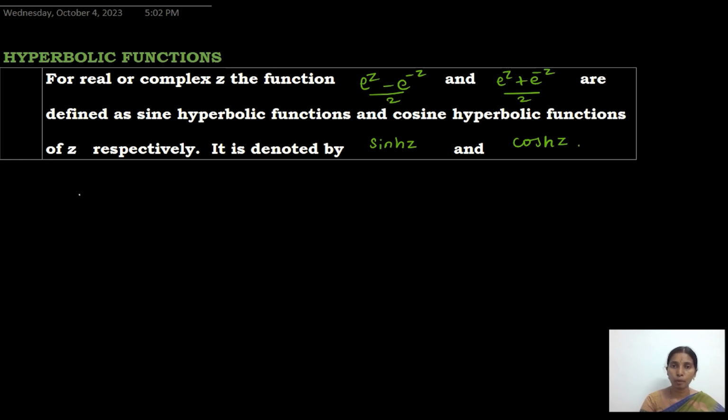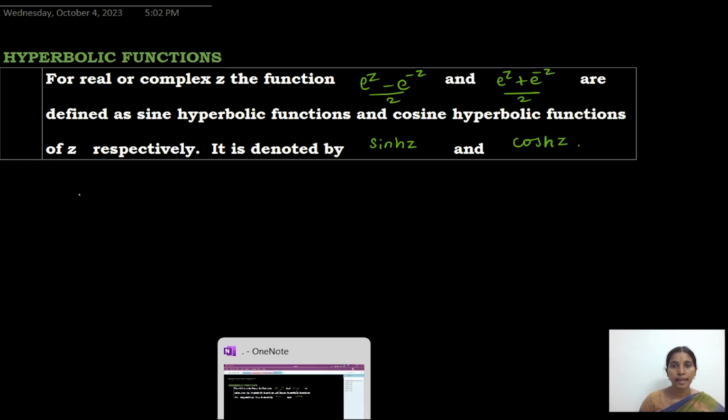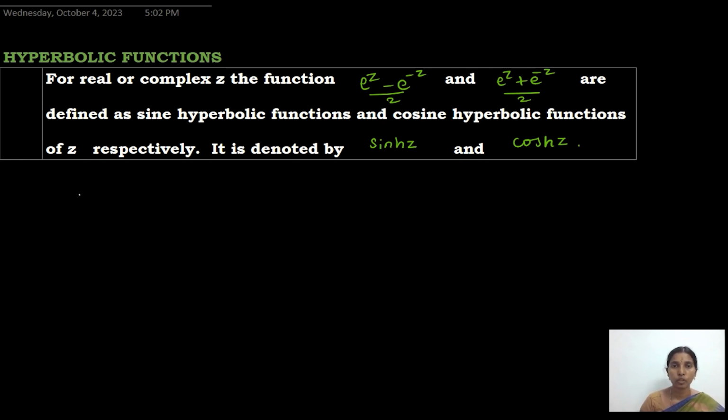For real or complex z, the functions (e^z − e^−z)/2 and (e^z + e^−z)/2 are defined as the sine hyperbolic function and cosine hyperbolic function of z respectively. They are denoted by sinh z and cosh z.